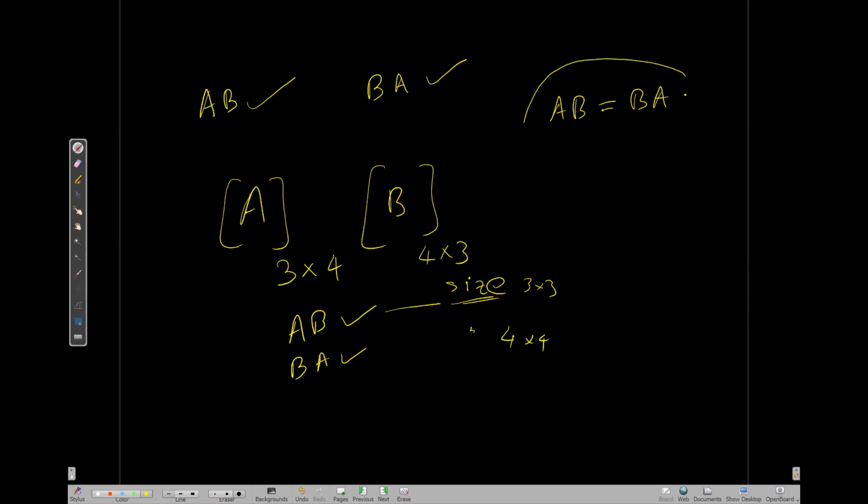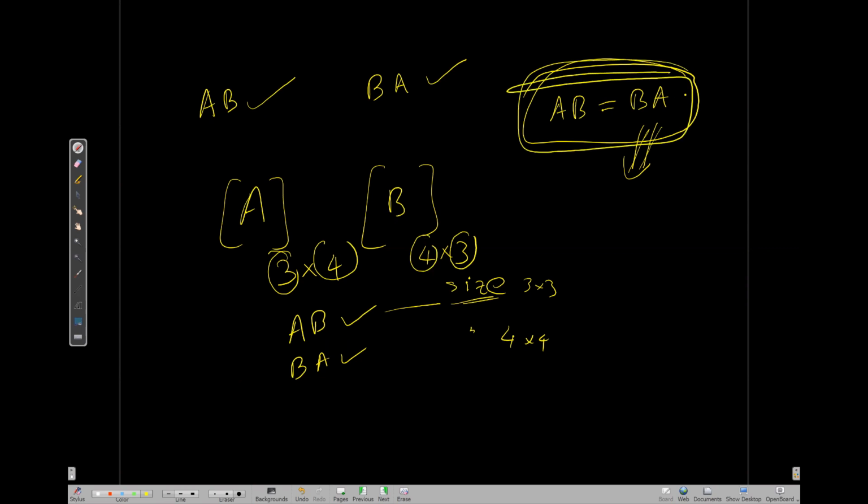If you need this condition, this will force these matrices to be square matrices. That means this number is this number, this number is this number, but if you have this as well, it will force all four numbers to be equal.